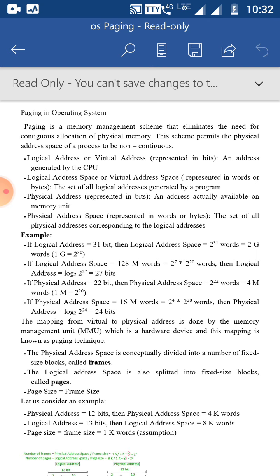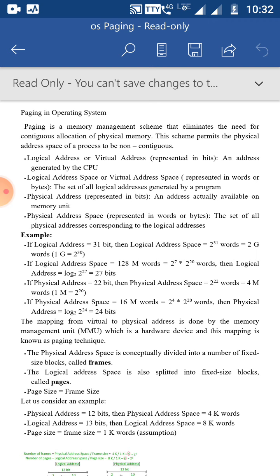In single contiguous memory management and partitioned memory management, the entire program is loaded from hard disk into random access memory. But in random access memory, only one instruction of the program is executed, not the entire program.